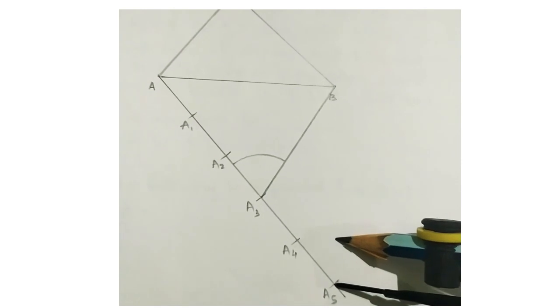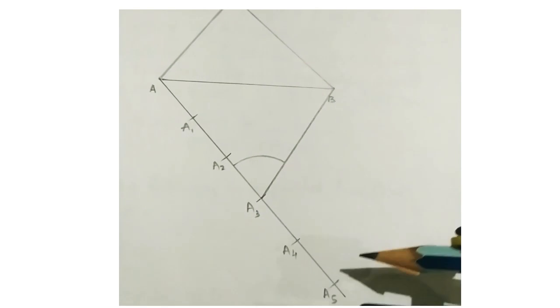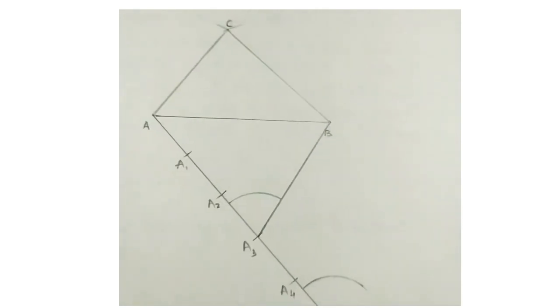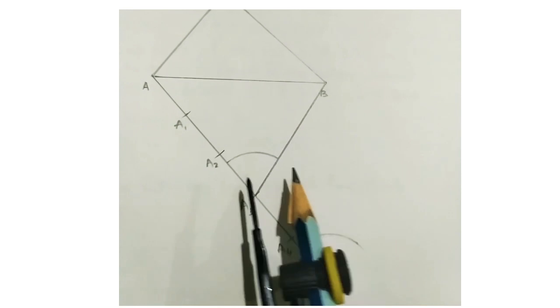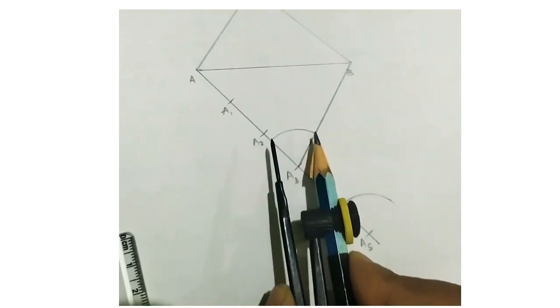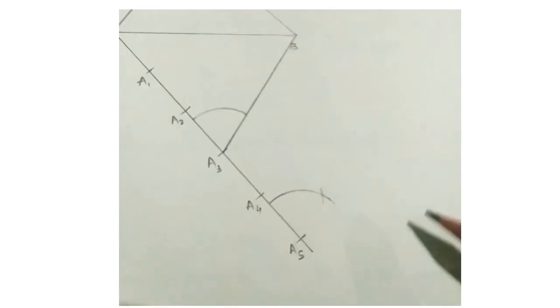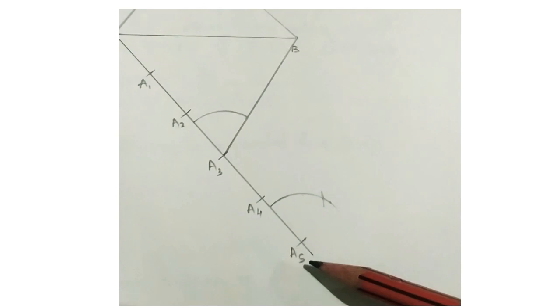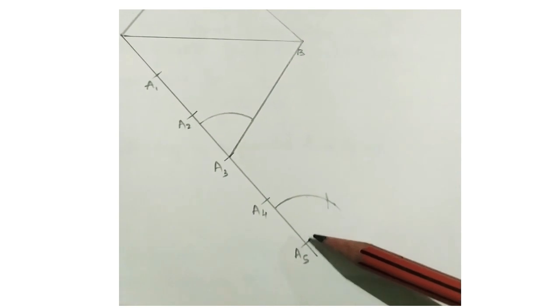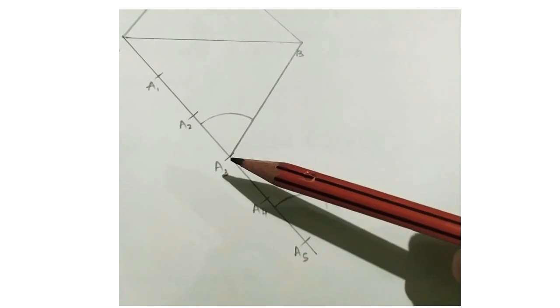Why are we doing this? Because to draw a parallel line from A5. So after drawing the second arc, now measure the first arc. So measuring that arc, now cut the second arc with that measurement. So here we will get one point. So now from A5 through this point, draw one line which will be parallel to A3 to B.